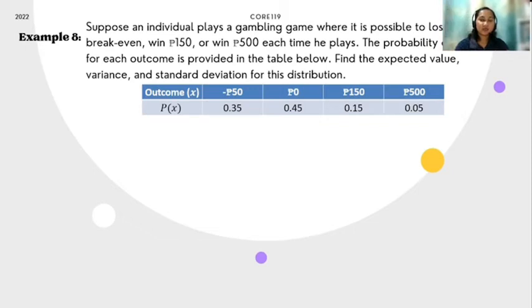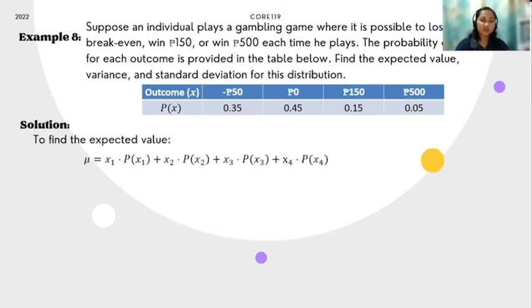Let's start with the expected value. If we compute the expected value, we have to use the formula as presented a while ago. All we need to do is first multiply the outcomes by their corresponding probabilities and add all those values.